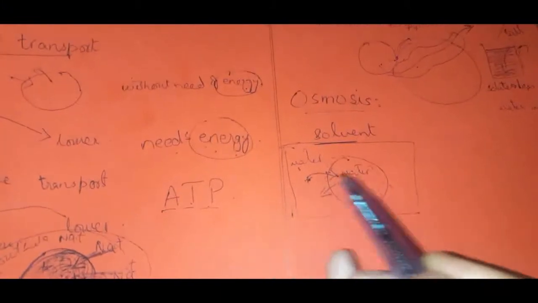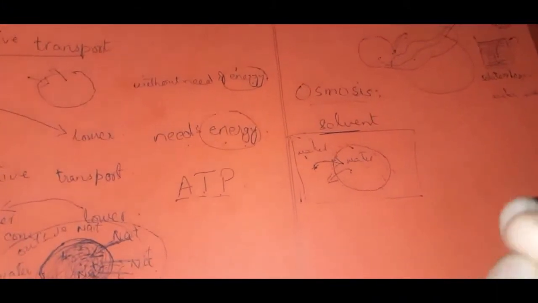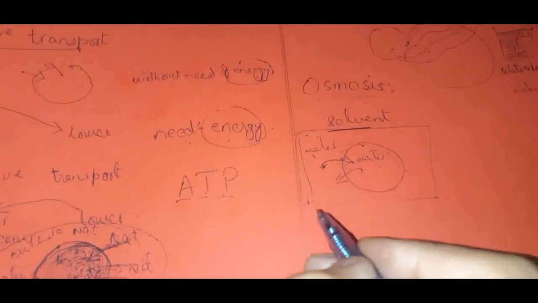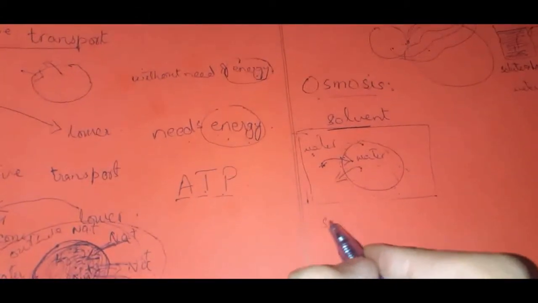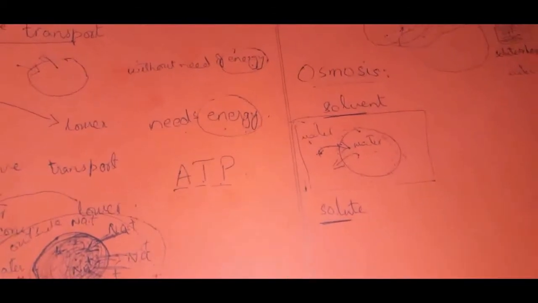Now this diffusion, or this transport of water, or this transport of solvent, is always controlled by the amount of solute in it. The amount of solute in it, right?